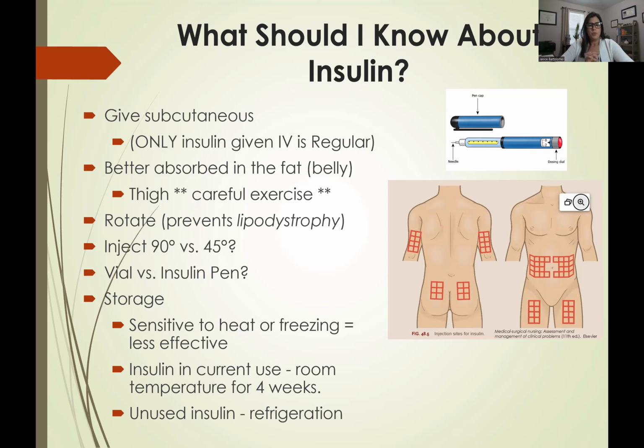Also, I want you to be aware that insulin or antihyperglycemic agents that we're going to talk about next can interact or sort of have an opposite reaction with some medications.